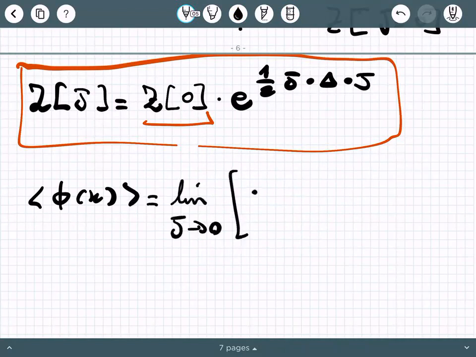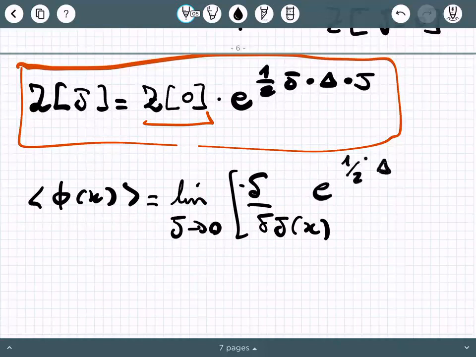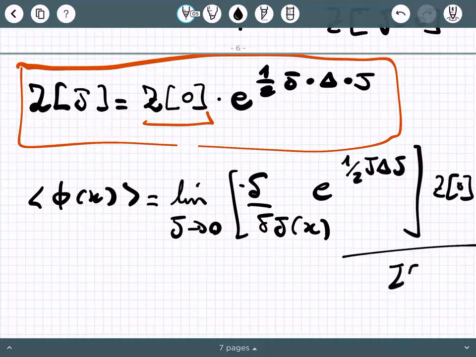And take one functional derivative with respect to j with a negative. This will act on e to the 1/2 j W j. I can take away Z naught because ultimately I will divide by Z of j with j going to 0.